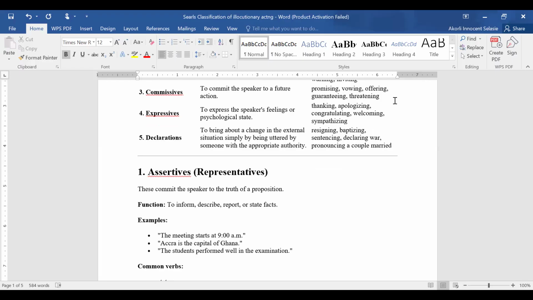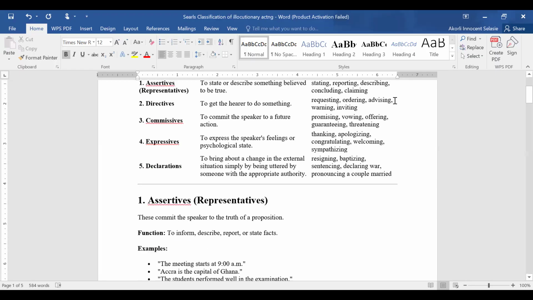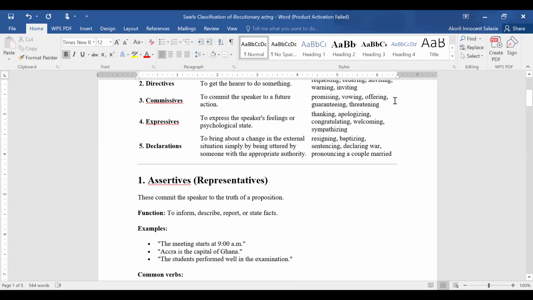Like somebody sits at a particular place and in a particular context says, I declare you husband and wife. So the person who is making the statement has authority. That's the difference between declaration and the rest. Declaration has to do with authority.